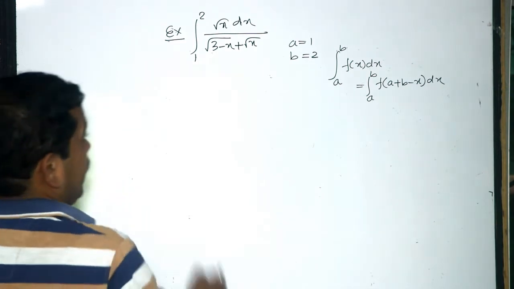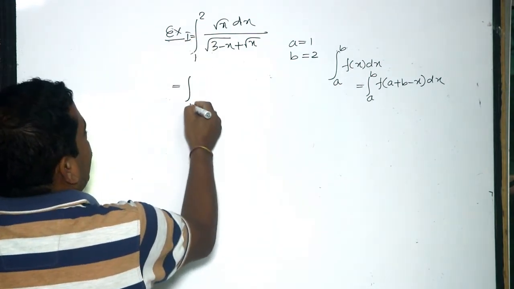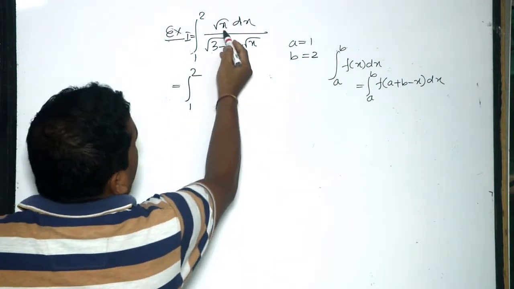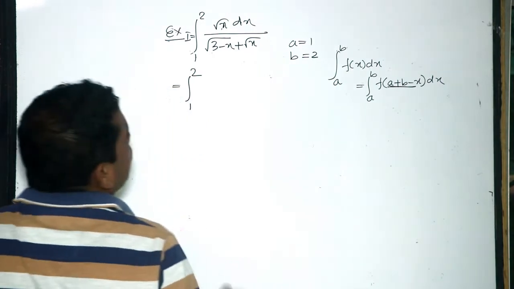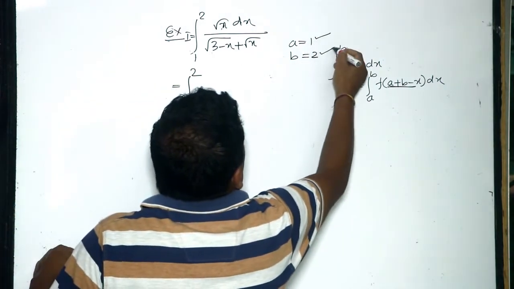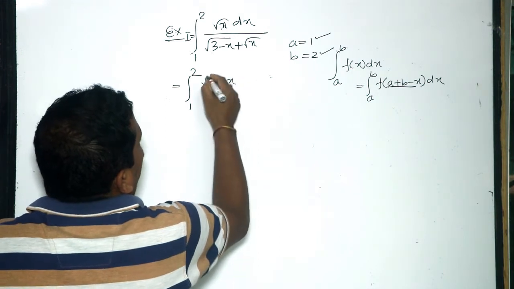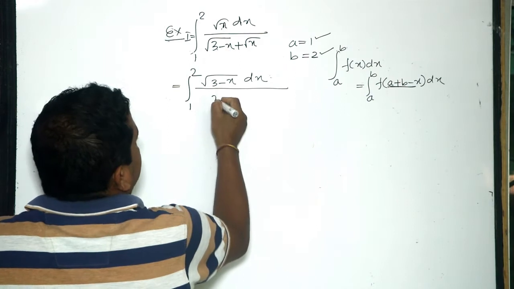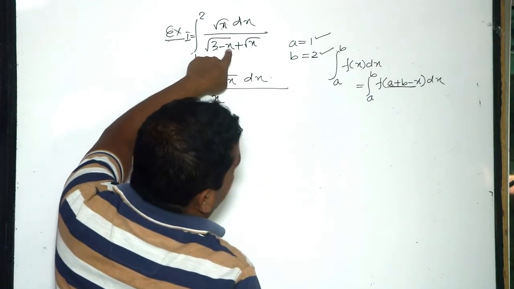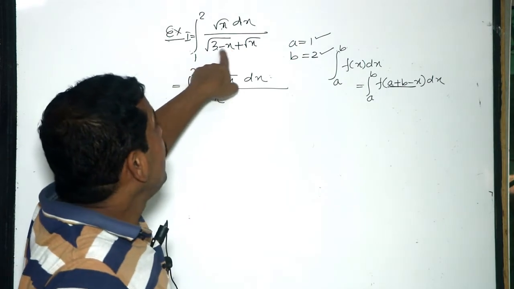Using these properties, taking it as I, so I will be 1 to 2. Here x becomes a plus b minus x. Here a is 1, b is 2. So x will be 3 minus x, root of (3 minus x) dx. And in the denominator, instead of x we have to write 3 minus x, and 3 will be cancelled.